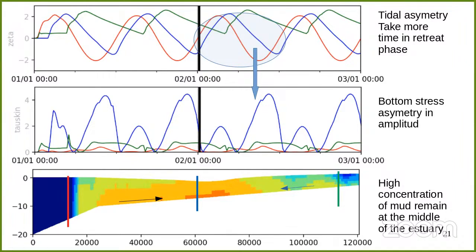Related to this, you have a stress difference. And what happened schematically below, we have the concentration of mud after one day, and you see that we have a sediment pool created in the middle of the domain, in the middle of the estuary.